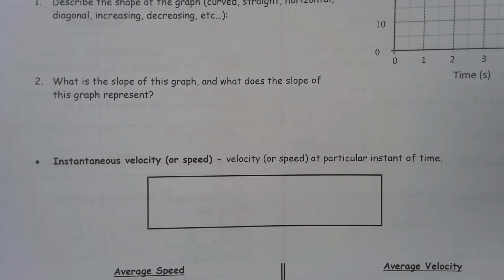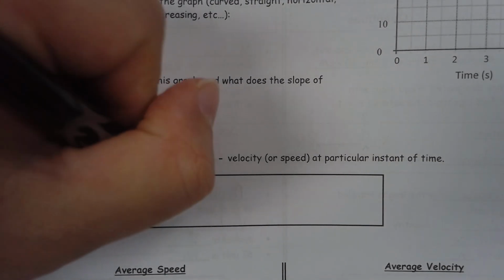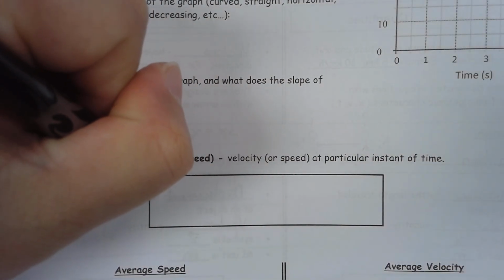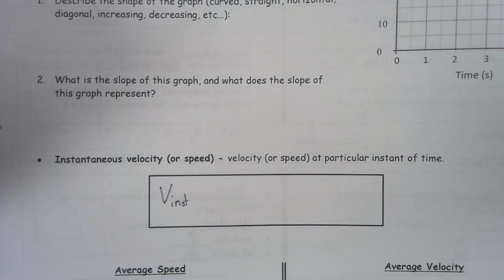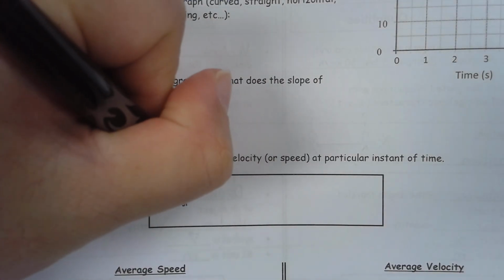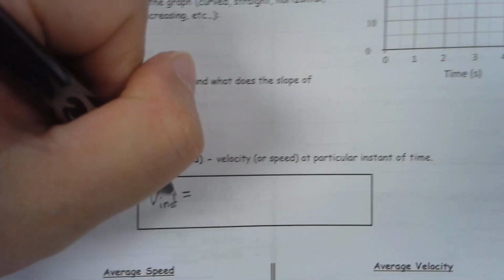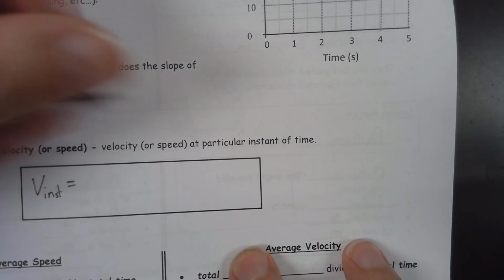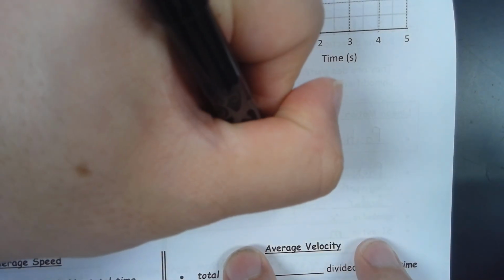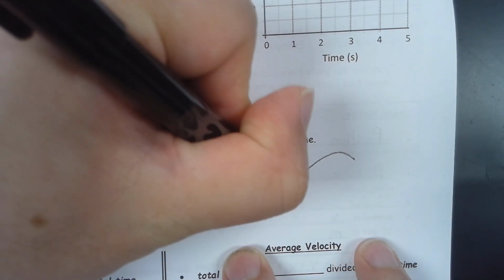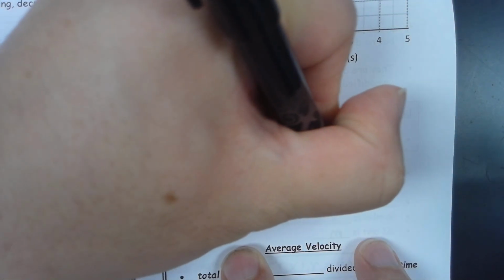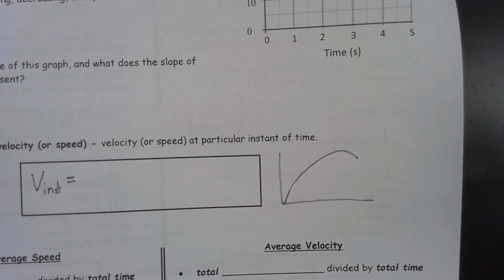So then let's take a look at it. Instantaneous speed or velocity would be v inst. V instantaneous. If I had a graph shape, let's do an upside down parabola. All right. So that's my graph shape.